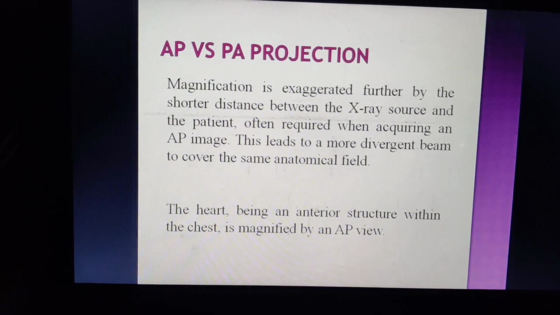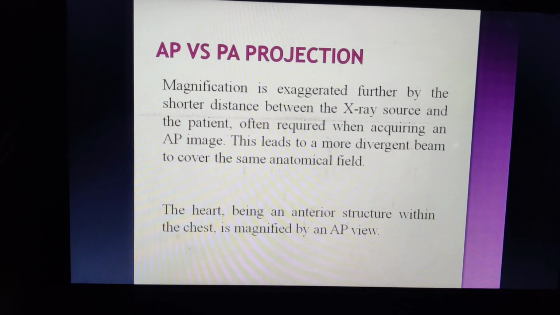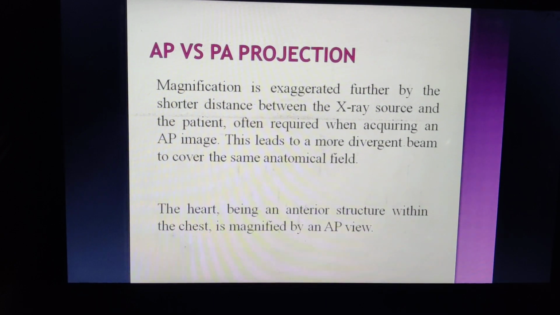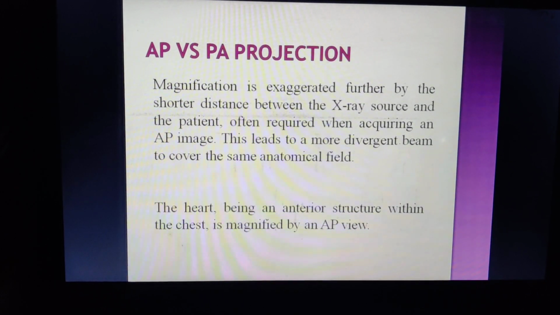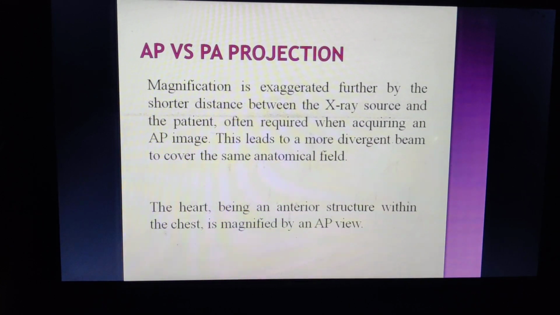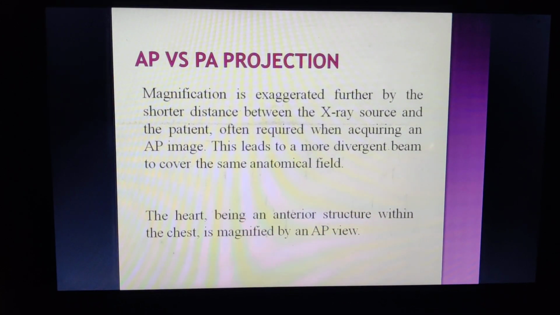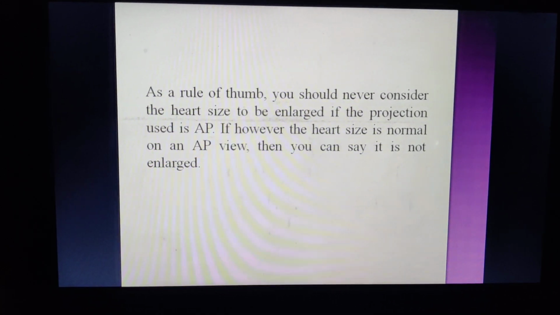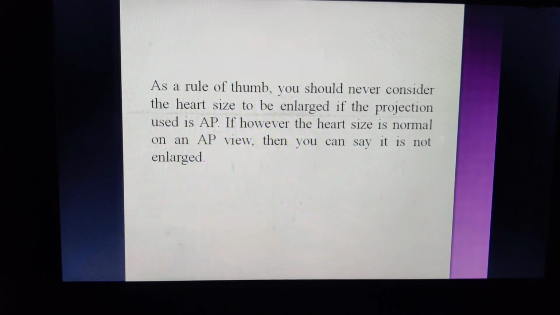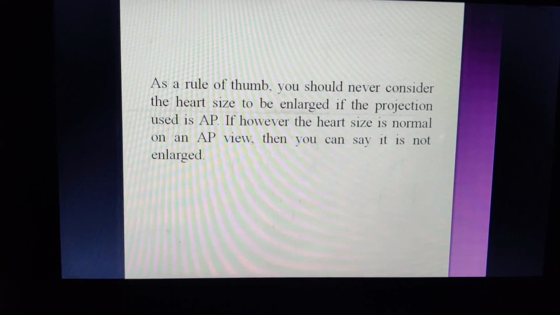This leads to a more divergent beam to cover the same anatomical field. The heart, being an anterior structure within the chest, is magnified in the AP view. So on the basis of the AP view, we should not categorize cardiomegaly, as you should never consider the heart size to be enlarged if the projection is AP view.